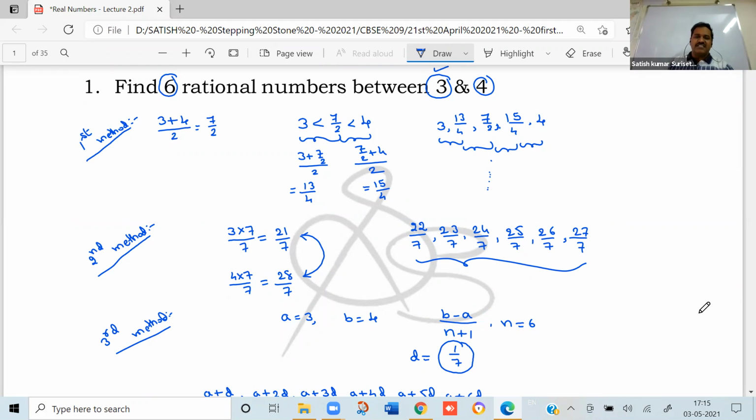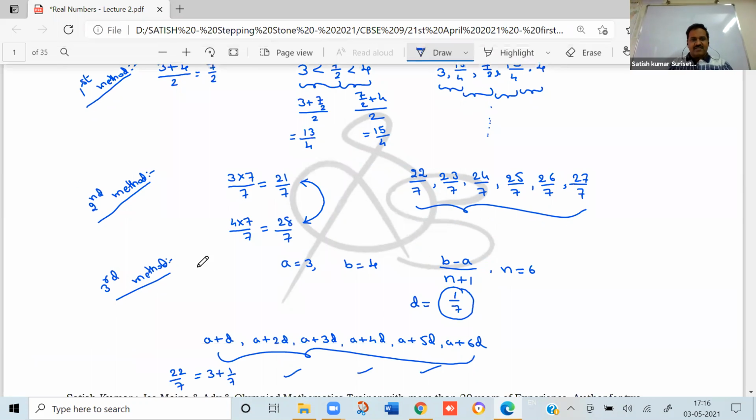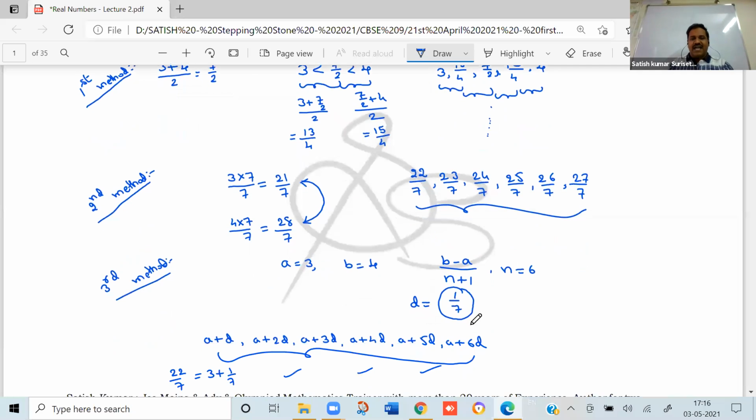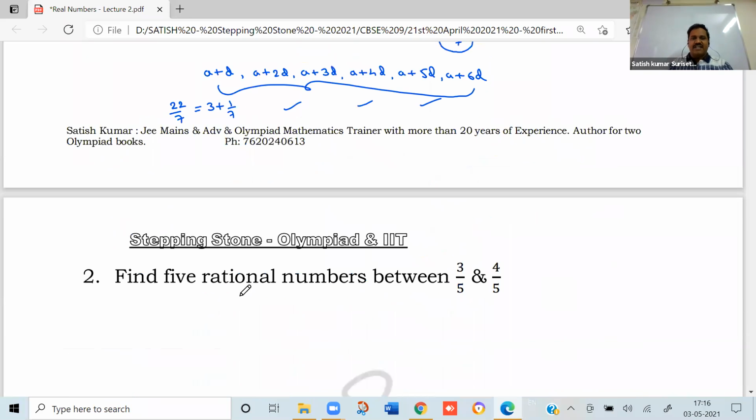In case the denominators are not the same, first you have to make them the same by using the LCM of the denominators. The third method is you take the first number as A, the second number as B, calculate B minus A upon N plus 1, consider that as D, and add D continuously. Try the next problem: find 5 rational numbers between 3 by 5 and 4 by 5.